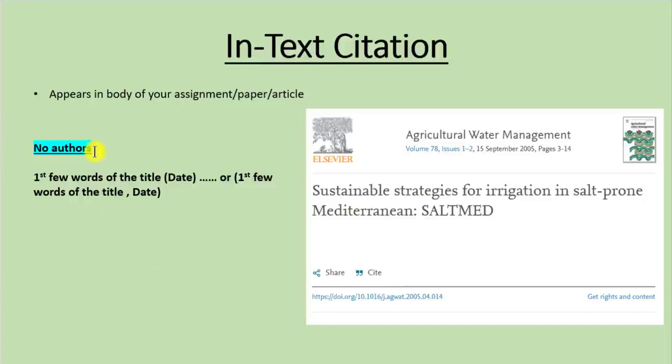And if there are no authors, for example in this paper, let's say there is no author, then you should cite the first few words of the title, bracket date. Or if it is appearing at the end of the sentence, write something in the sentence and then first few words of the title, comma, date.